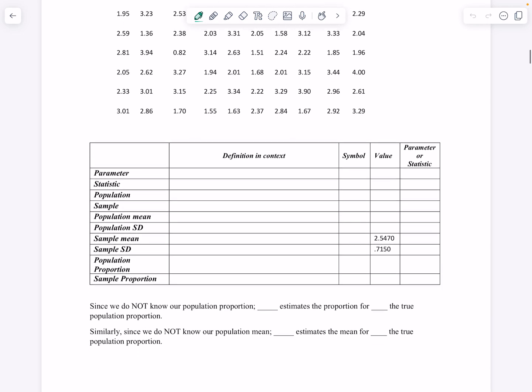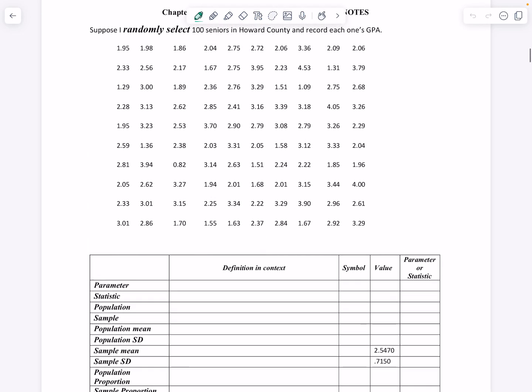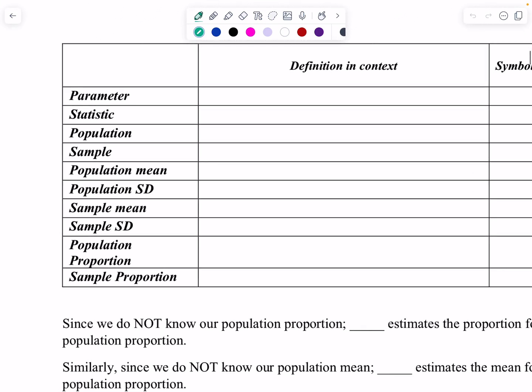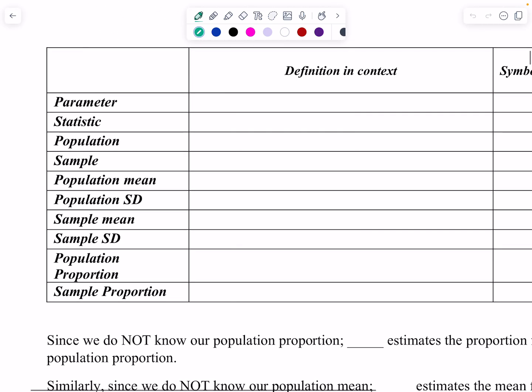Okay, let's go ahead and define a couple things that we're going to be doing. We have defined these before, but I'm just going to make sure that you understand what these are. First of all, a parameter refers to something in the population, like it could be mean, median, mode, anything, but it's based on the population.